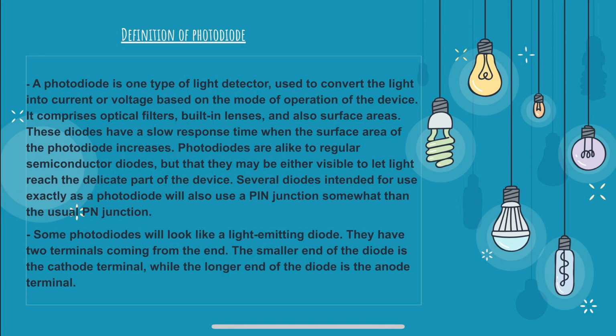Some photodiodes will look like a light-emitting diode. They have two terminals coming from the end. The smaller end of the diode is the cathode terminal, while the longer end of the diode is the anode terminal.